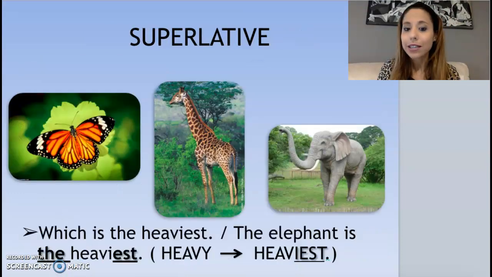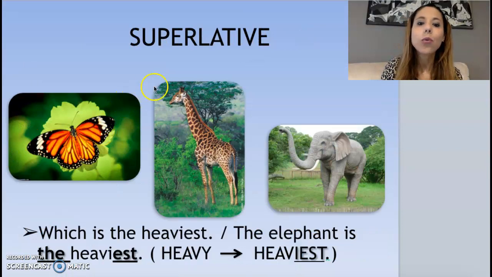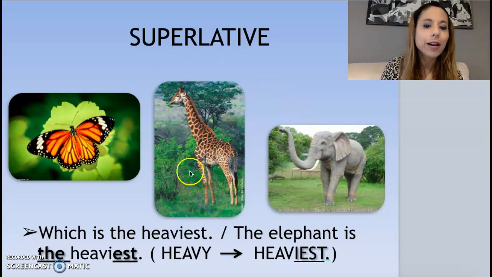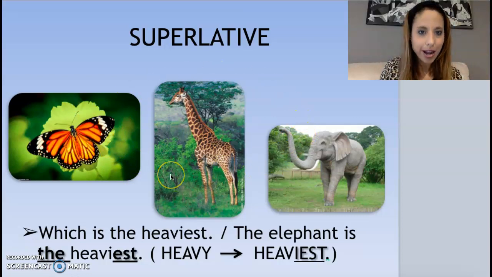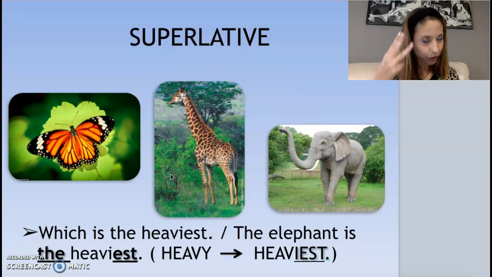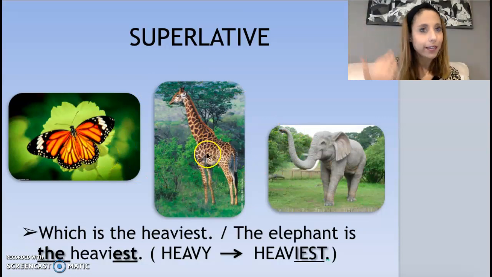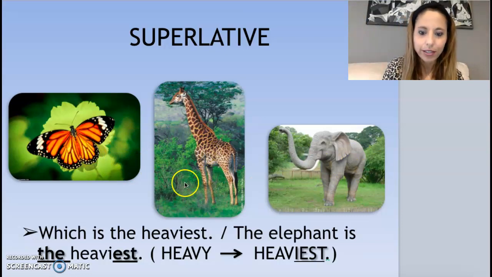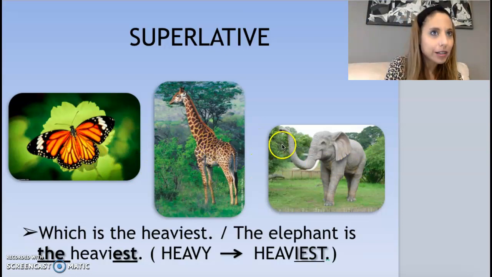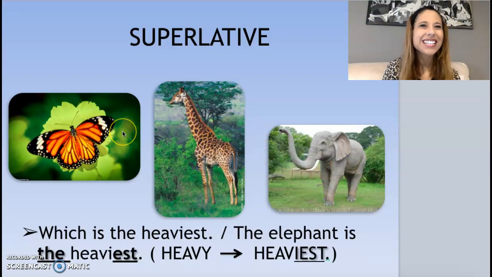And the superlative, in this case, we compare three or more things. In this case, we are comparing three animals, not two, 3, 4, or more. In this case, we are comparing the butterfly, the giraffe, and the elephant. So, which animal of these three is the heaviest? The elephant.